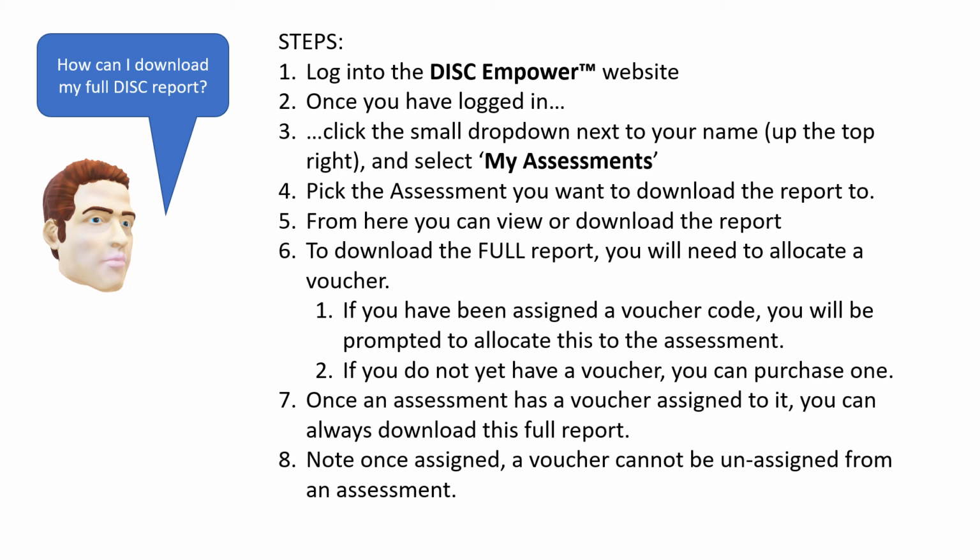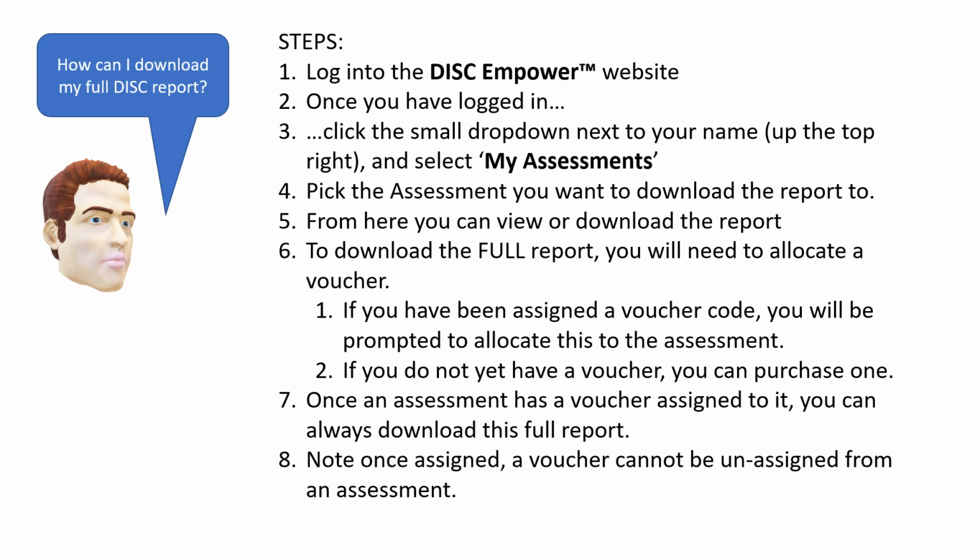Here is a recap on the steps. Register for the website. Once you've done that, you can log in. On the drop-down list under your name, you can select My Assessments. You can pick the assessment that you wish to download the PDF report for. Once you're viewing that report, you can either view it, download it, or email it.